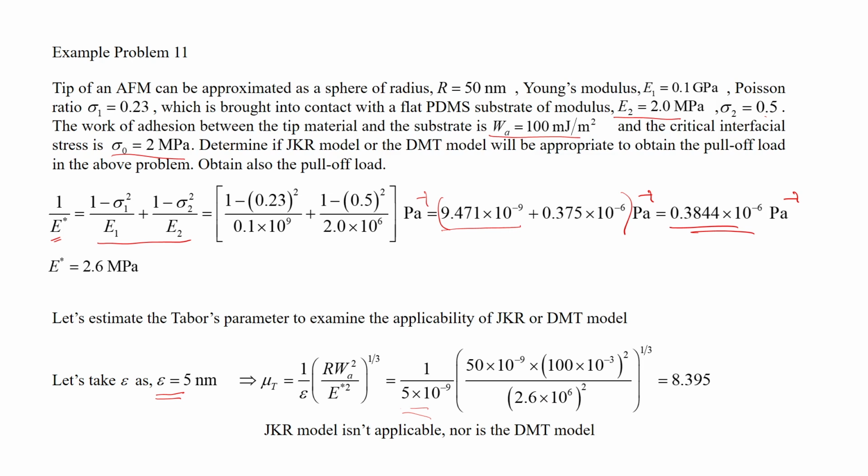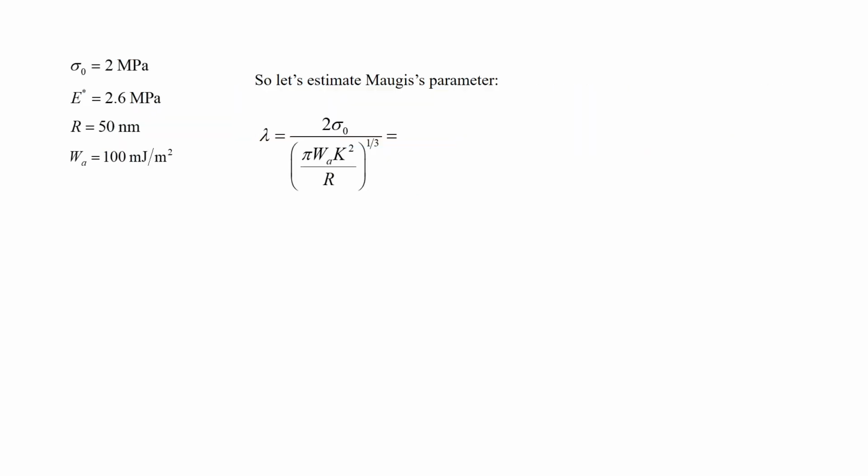Okay. So, it comes out to be 8.395. So, it is definitely not the DMT model. It is also not the JKR model, because this mu T, the Tabor parameter, does not come out to be much greater than 1, it is somewhat greater than 1. So, it is again this intermediate case.